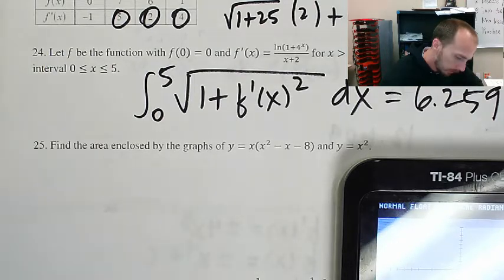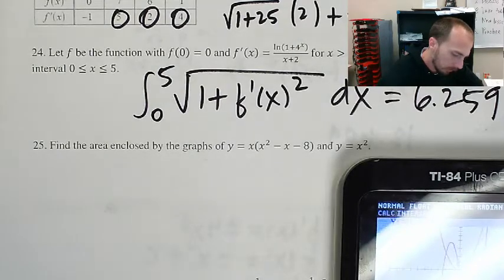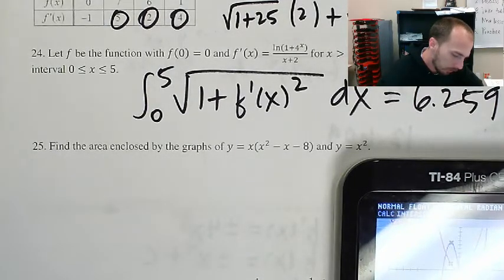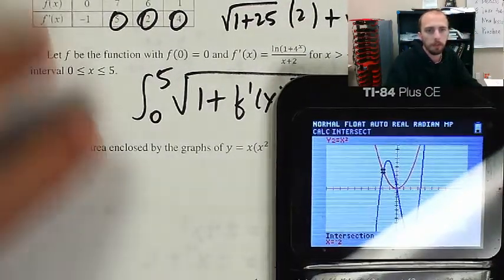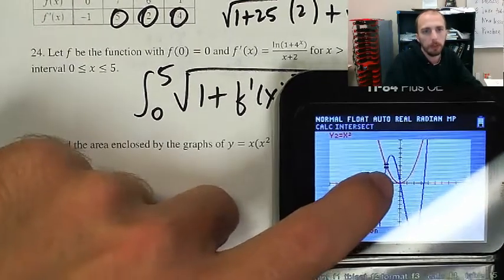Okay, and maybe with any luck, yeah, that's not so bad. Oh, interesting. Okay, so we'll find the first intersection. All right, x equals -2. You could barely see that. Okay, so the first intersection is happening at x equals -2.